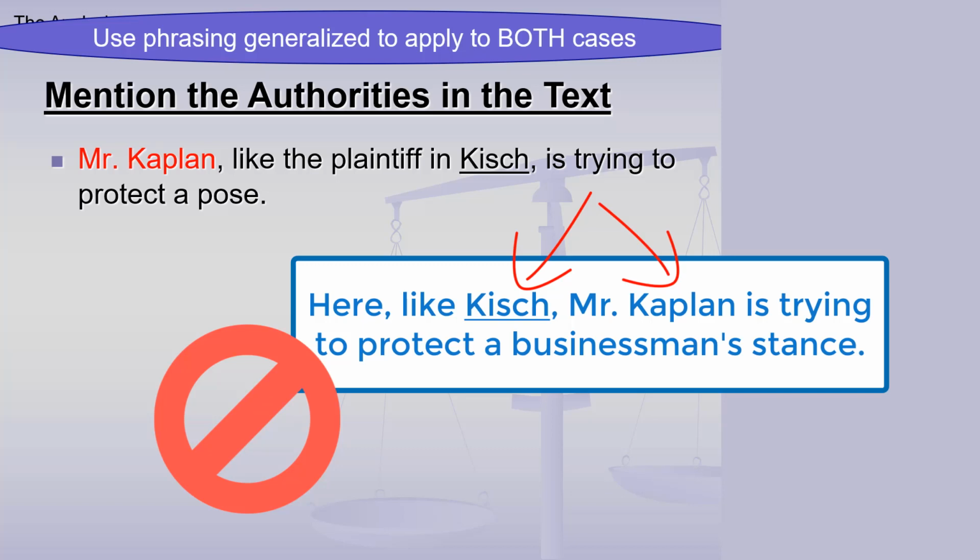You need to compare a person to a person as in the example. Kaplan in the example is compared to the plaintiff in Kish. Second, if you use the phraseology the businessman's stance, the only case involving a businessman's stance is your case. This phrasing doesn't bring Kish in at all.